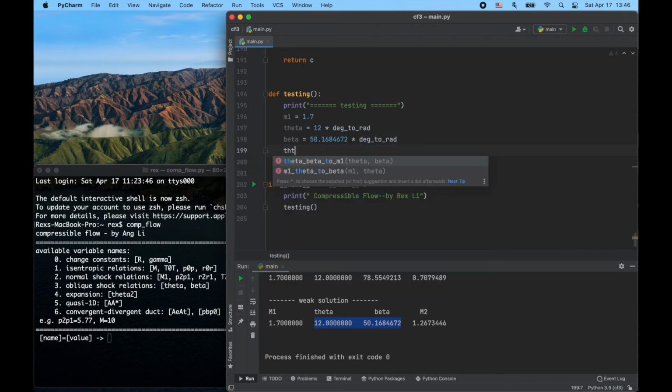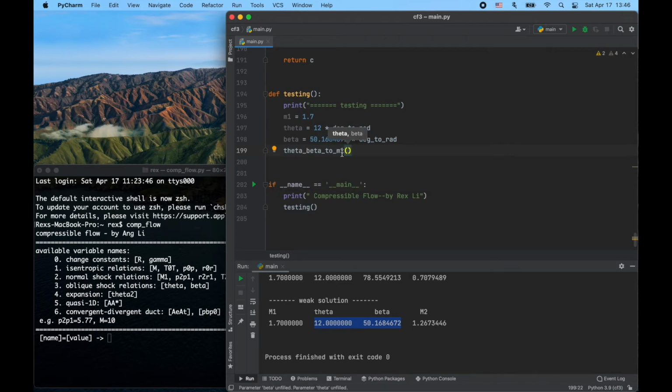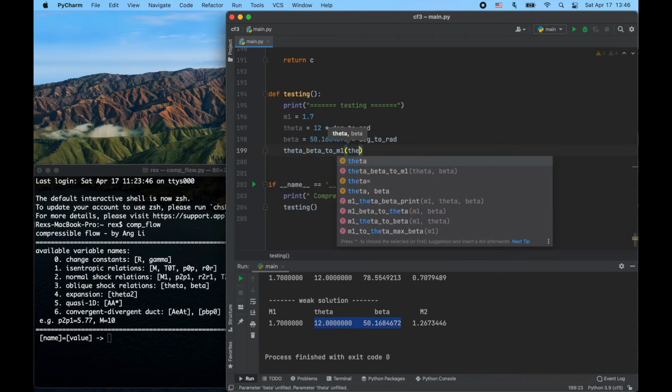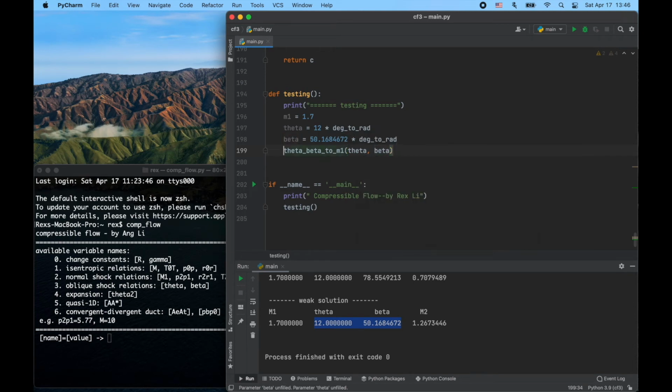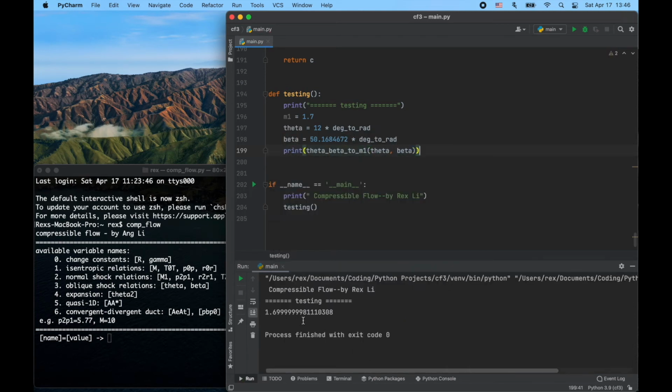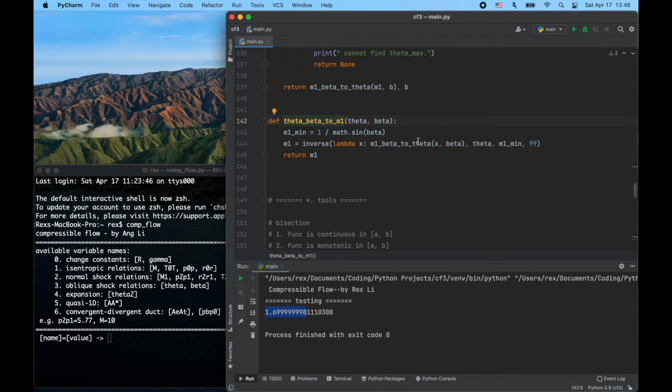So theta, beta to Mach number 1, and we have theta, we have beta, and we print it. All right, it's really close, which means our function for this one is also correct, or they are consistent with each other.